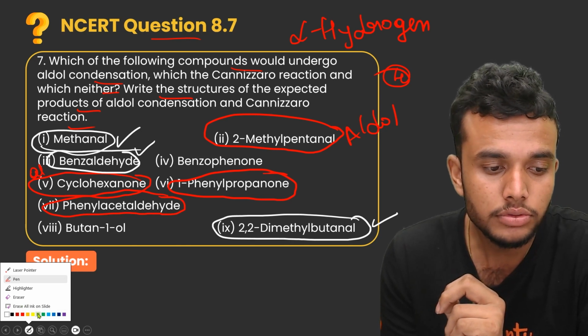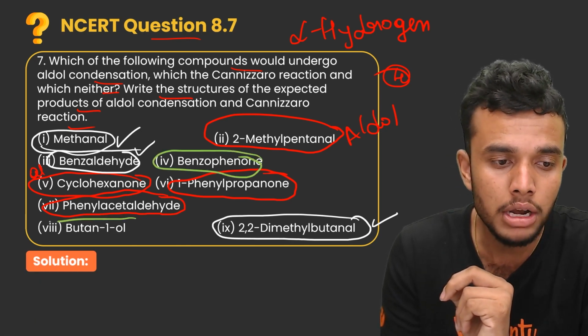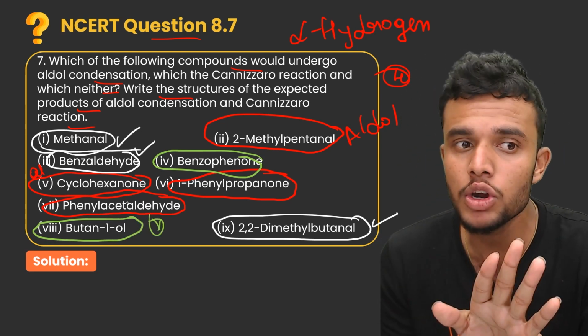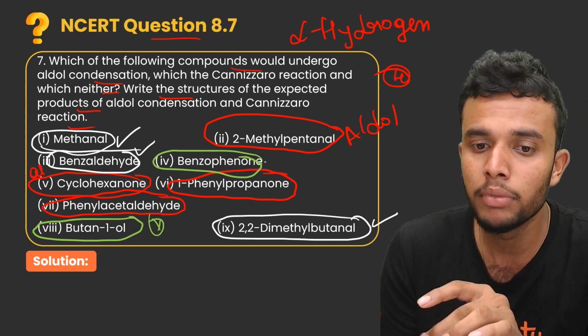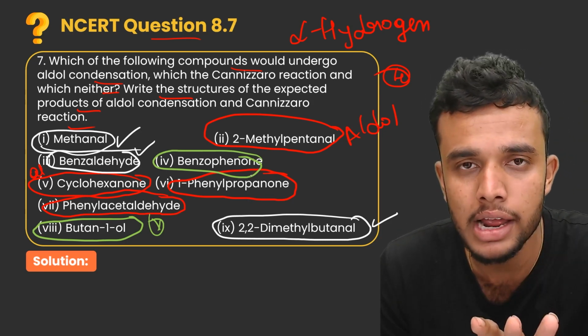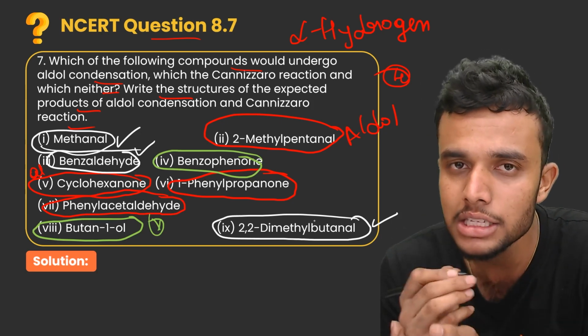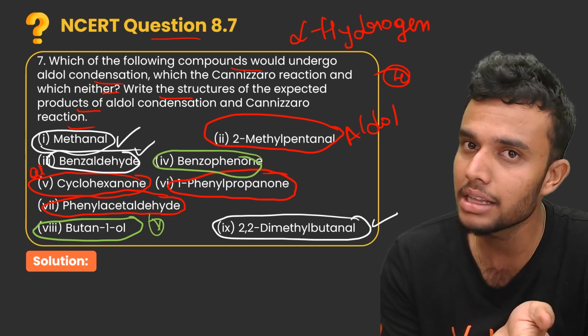Benzophenone and butanol: these two compounds do not undergo any Cannizzaro reaction or aldol condensation. Why? Because in Cannizzaro reaction only aldehyde compounds undergo the reaction, but not ketone compounds, right? The one is nothing but a ketone.